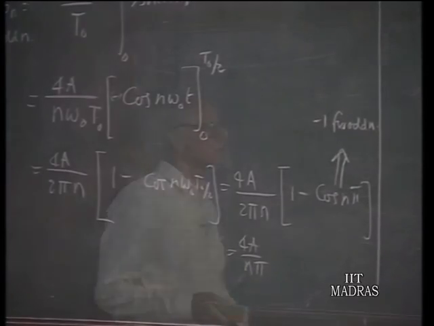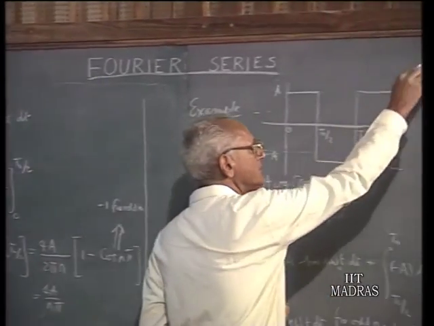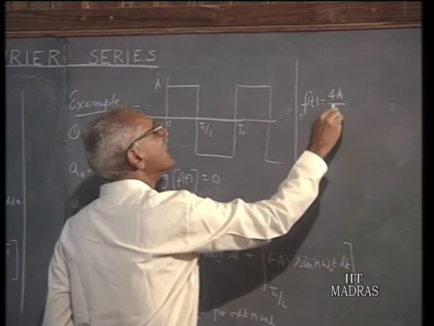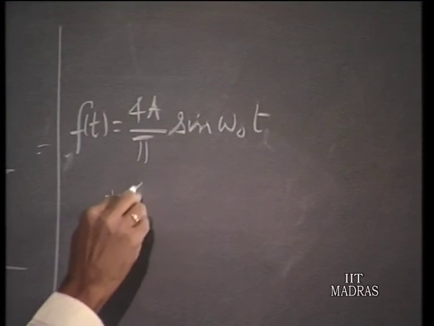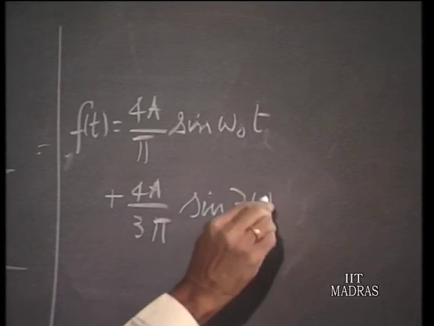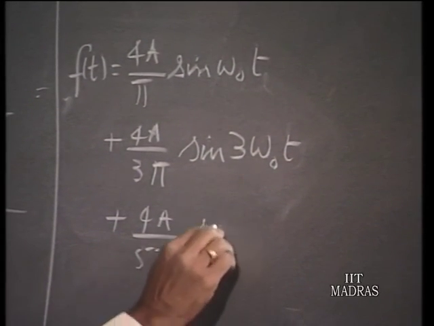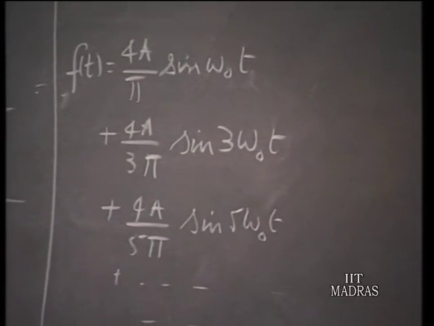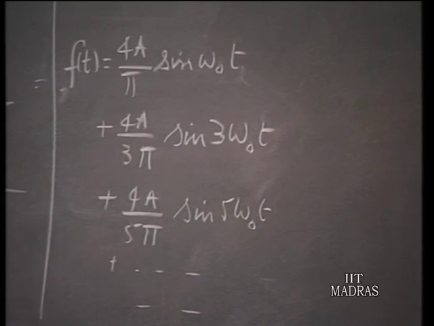So finally we conclude that the Fourier series expansion for this would be, I'll write here, f of t equals 4a by pi sin omega naught t plus 4a by 3 pi sin 3 omega naught t plus 4a by 5 pi sin 5 omega naught t, etc., etc. So this is an important result that it would pay us to keep in mind.